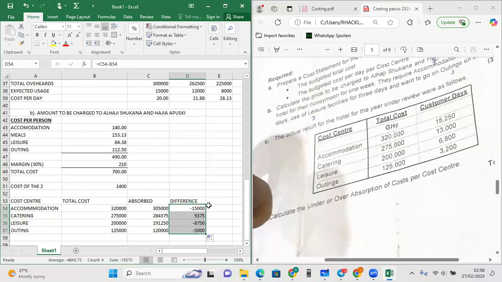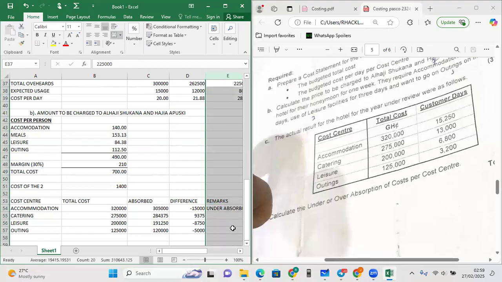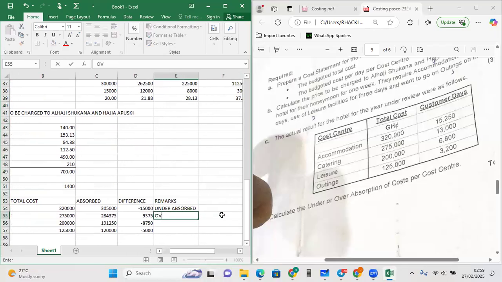Any of them that you are seeing negative here is under absorbed, and the positive is over absorbed.